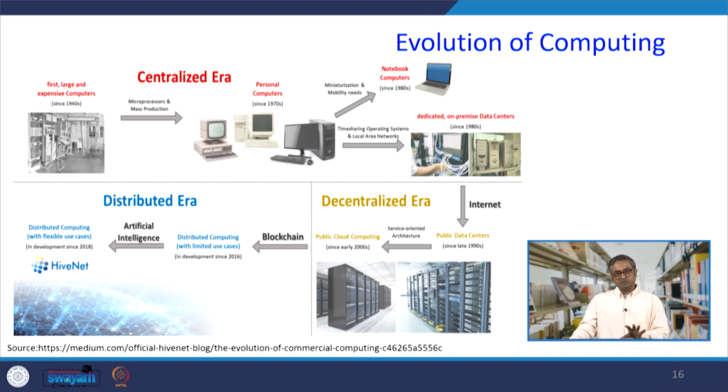And this moved into another domain, the distributed era, where everything was distributed and people were using their own data sets to work upon artificial intelligence. In the modern world, the AI which exists is weak AI, not strong AI.